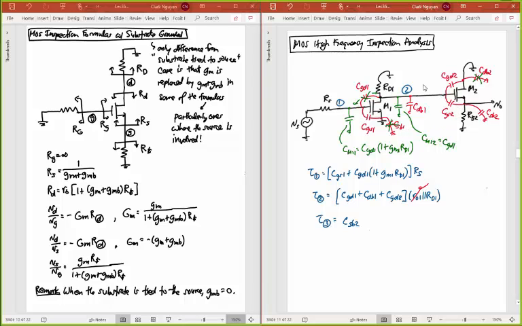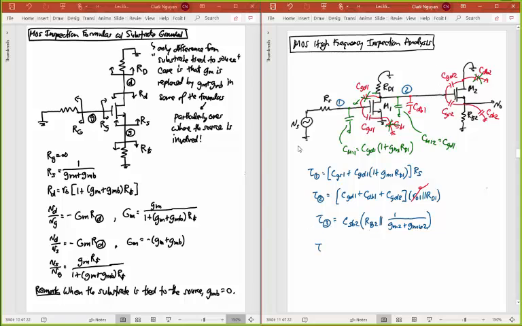I have to have memorized that particular driving point resistance, but at least for CSB2, I've got this RB2 in parallel with this resistance seen looking up into the source of M2. That's just going to be 1 over GM2 plus GMB of 2. Now I'm taking into account the fact that the bulk is not tied to the source in this case. So that's my third time constant.